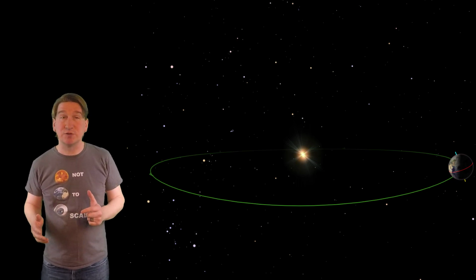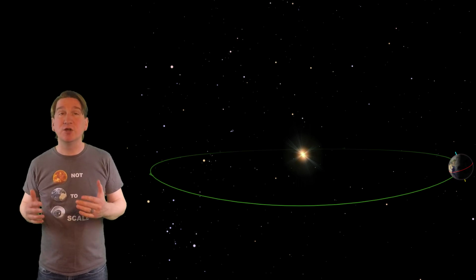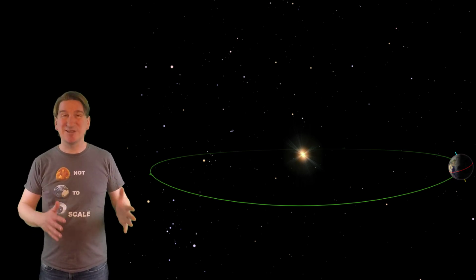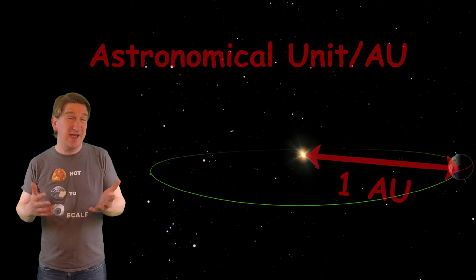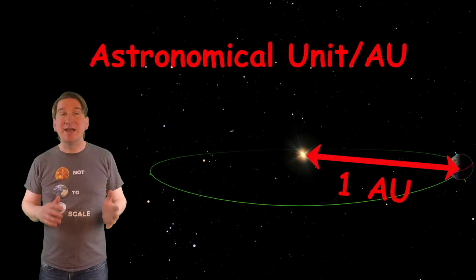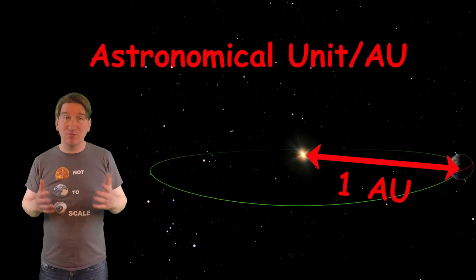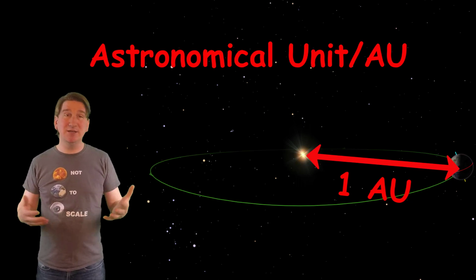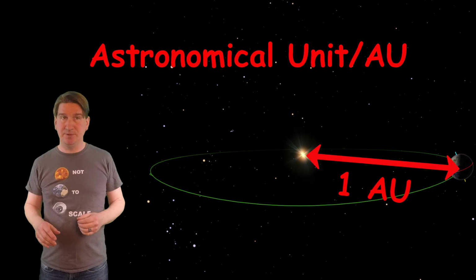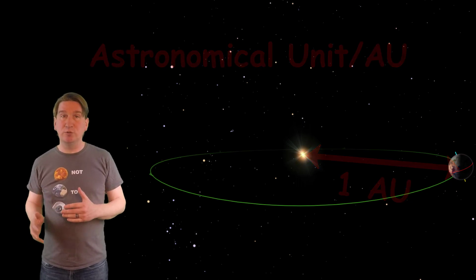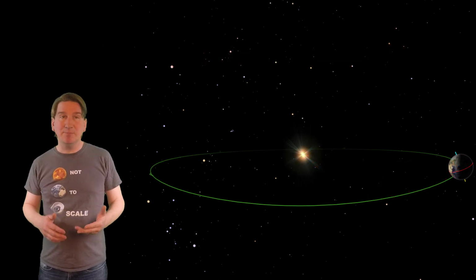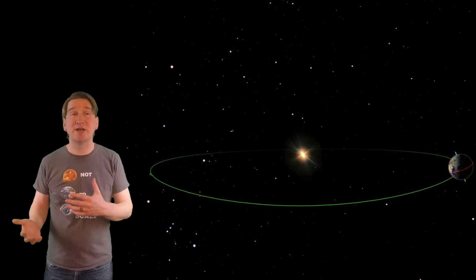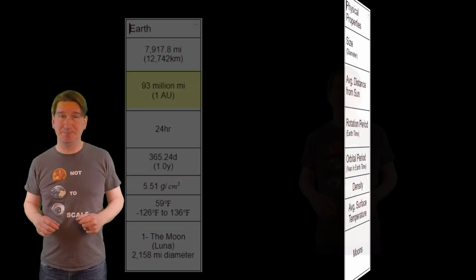In our solar system, astronomers will often use a unit of measure called an astronomical unit, or AU. An astronomical unit is the average distance from the Sun to the Earth, or approximately 93 million miles. This unit is also included in the data we will be looking at, and will be useful in comparing and contrasting objects in our solar system.